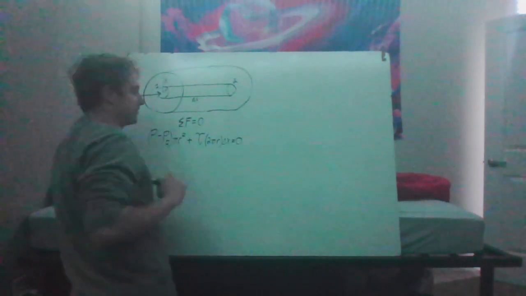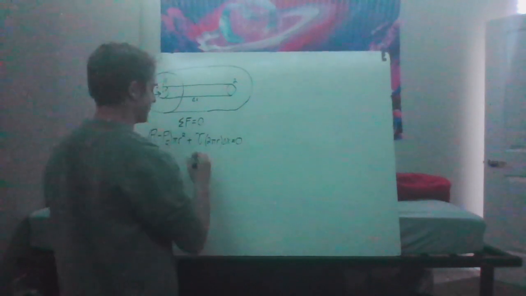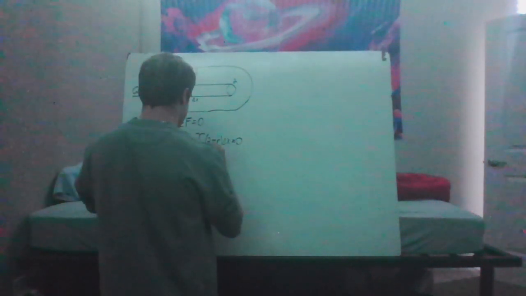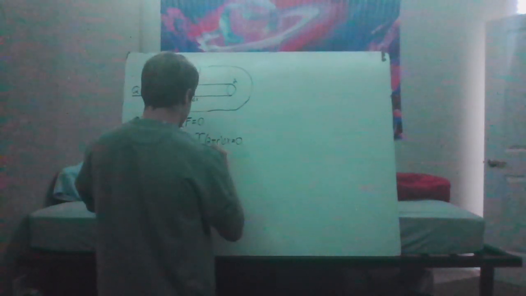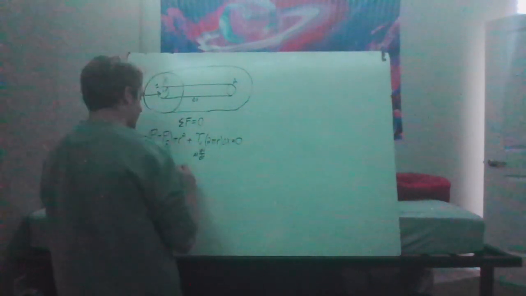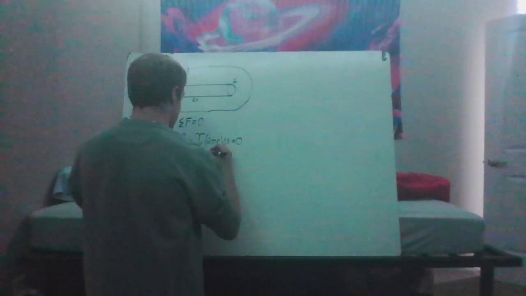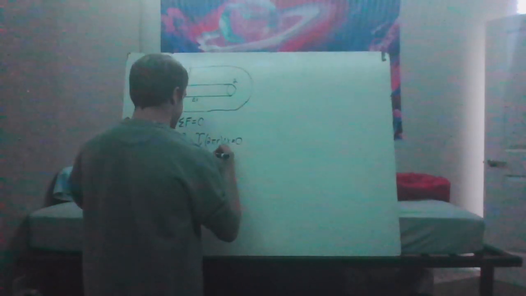And now we can substitute in for our shear stress. For every Newtonian fluid, it is the viscosity times dV over dr, which is the velocity and radius. And then everything else will stay the same.